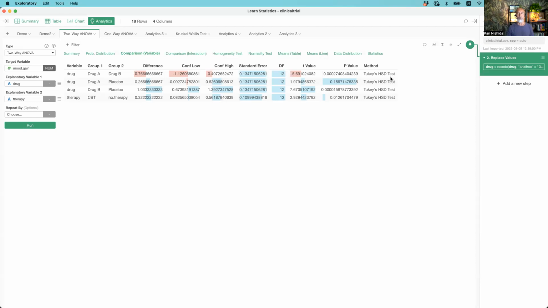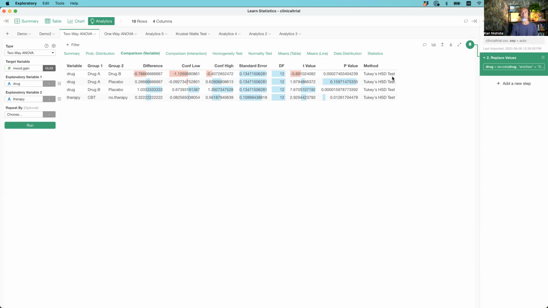But by default, we are actually running a Tukey HSD test, honestly significant difference test, which basically takes into account that we are running a hypothesis test multiple times. So we still want to control the type 1 error, and while keeping the type 1 error under control, we can still make a decision based on this p-value.